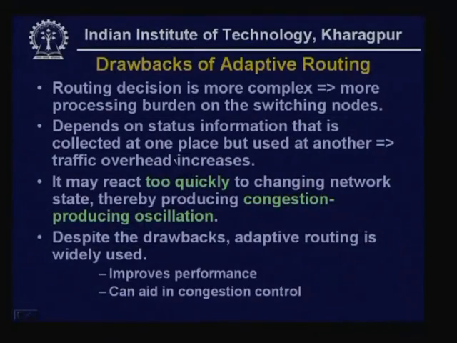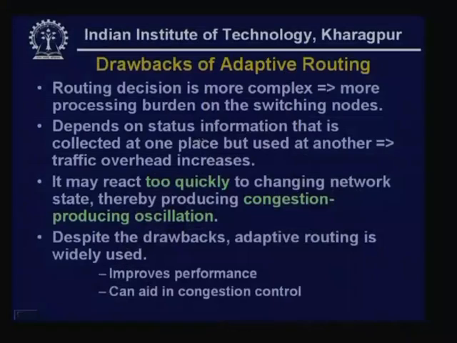And we find that the routing decision is more complex, with more processing burden on the switching nodes. That means compared to fixed routing or flooding or random routing, we find that adaptive routing is more complex, and obviously it will put more and more processing burden on the nodes.